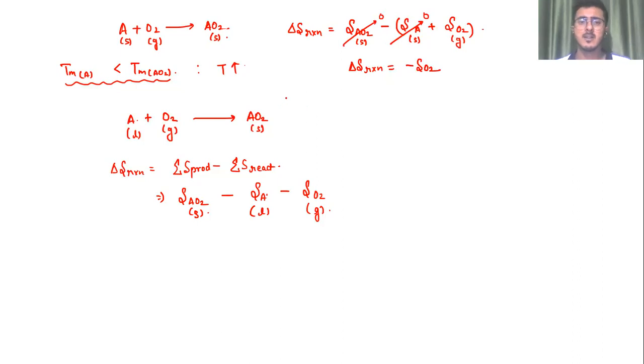Now, what you need to understand in this case is that the entropy of your component A has now converted into the liquid phase, basically because the melting temperature is lower in this condition. Let us understand this with an example.